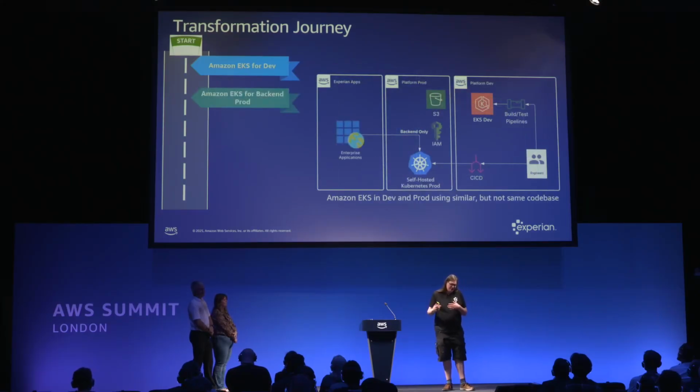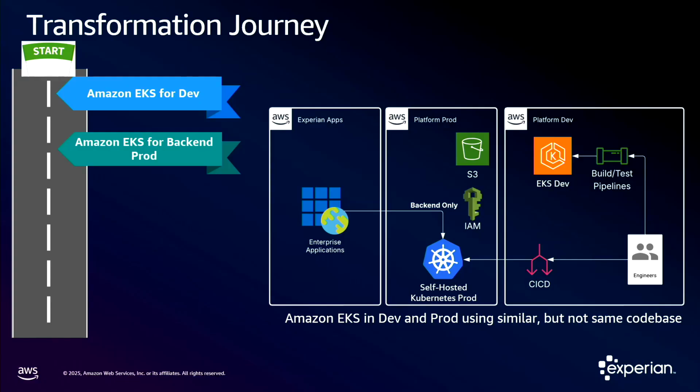After our success in development, we had a requirement for one of our products in Experian that they wanted a lower latency environment, because the environment they were currently using was giving them too high latency.